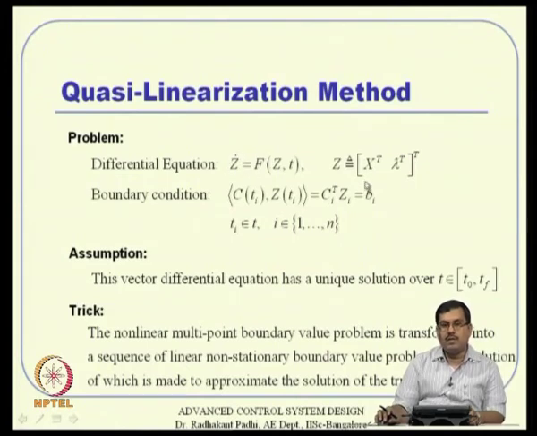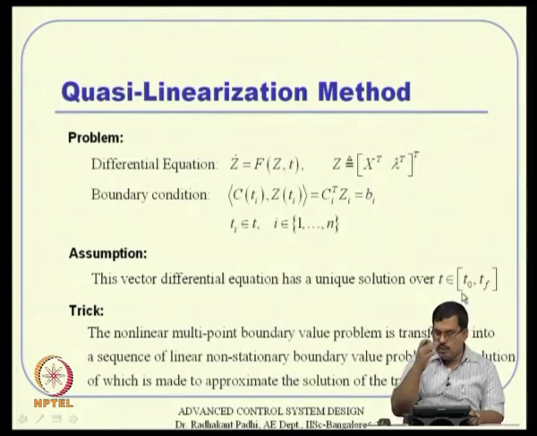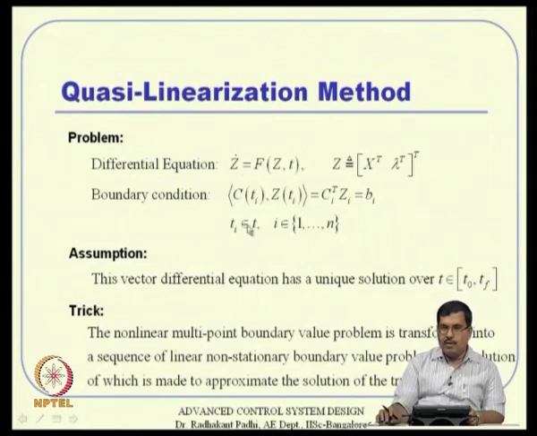So, it can contain linear equations of both x and lambda together. That is a more generic formulation, and let us see how to solve this. We also assume that this vector differential equation has a unique solution over T0 to Tf, otherwise there is a problem in solving it.